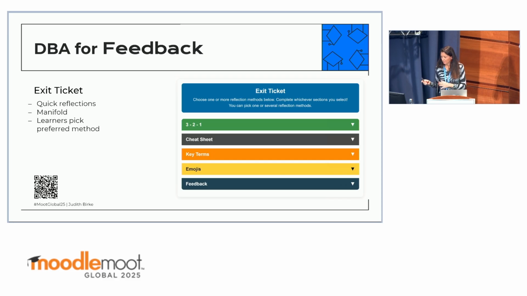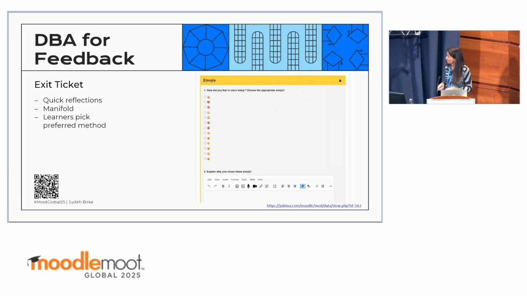Feedback, I said, yes, you can create exit tickets as well. This is this preset. If you download that, that will offer you different possibilities to get feedback from your learners. It could be feedback, or you encourage them to reflect a little bit about the last session or class. And when they open, they can pick whichever they want to, right?